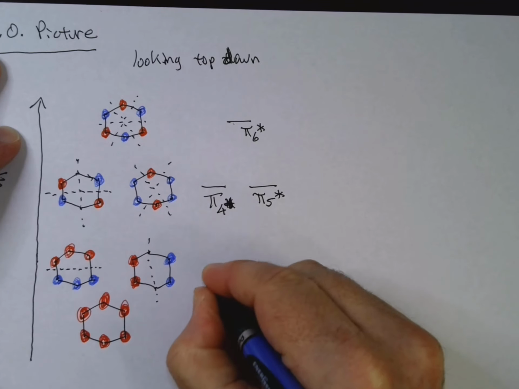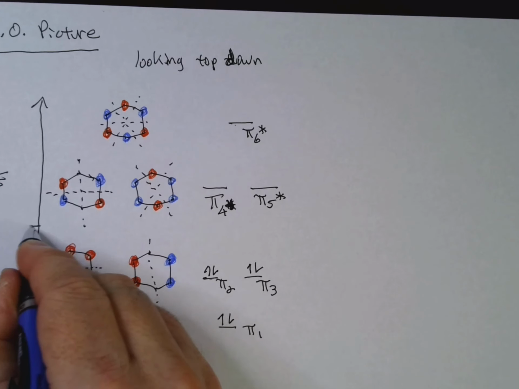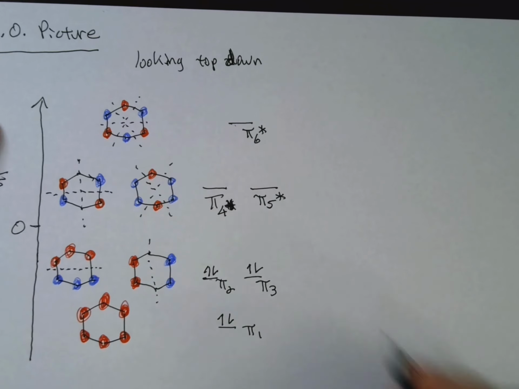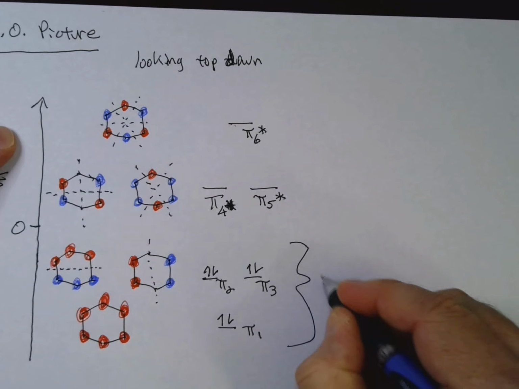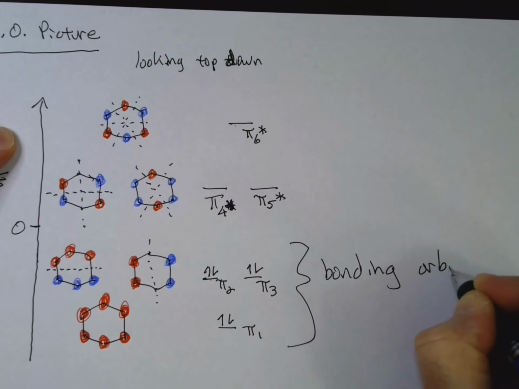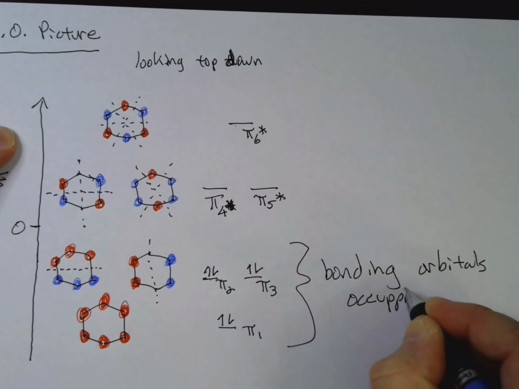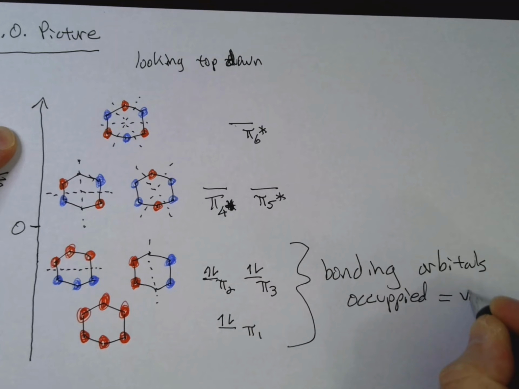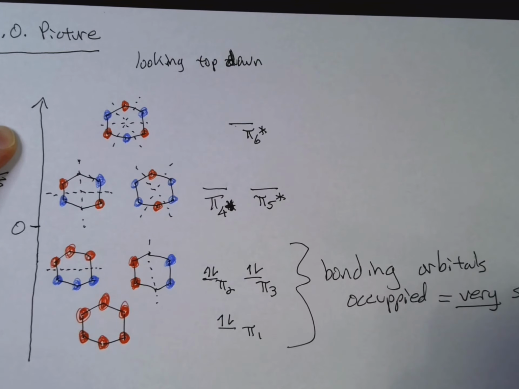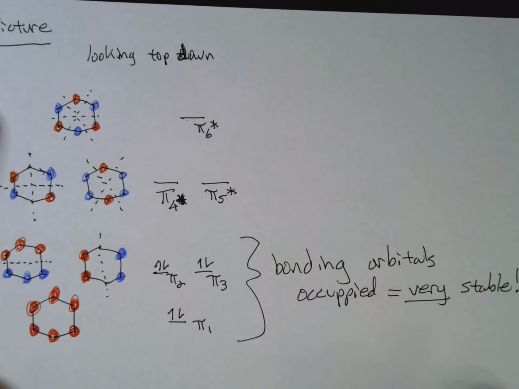And then we'll fill in our electrons: 1, 2, 3, 4, 5, 6. Okay, and our 0 of energy is right there. So we'll say bonding orbitals occupied. And that means it is very stable.